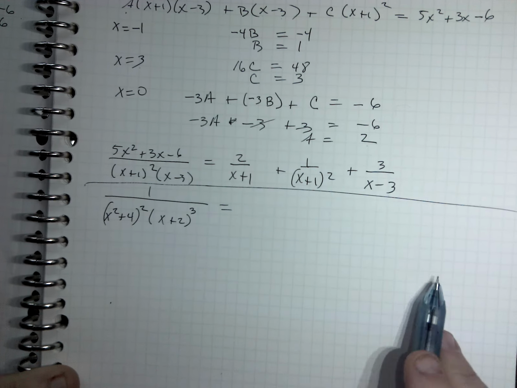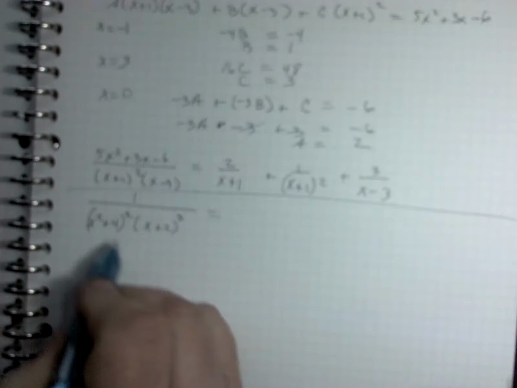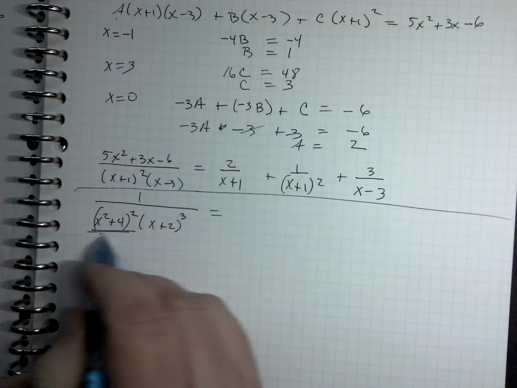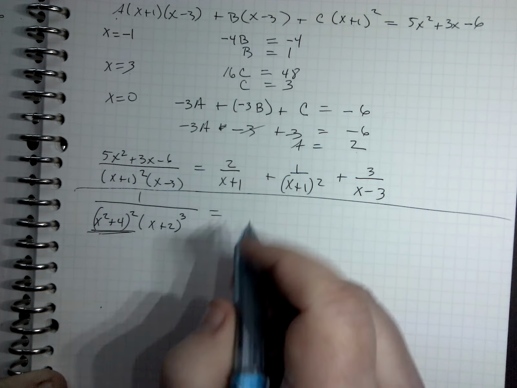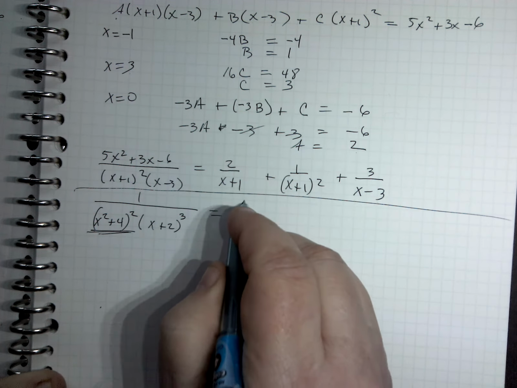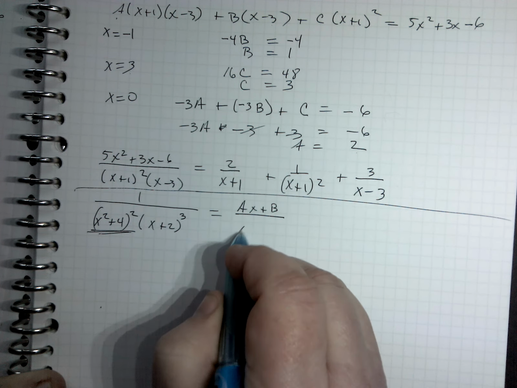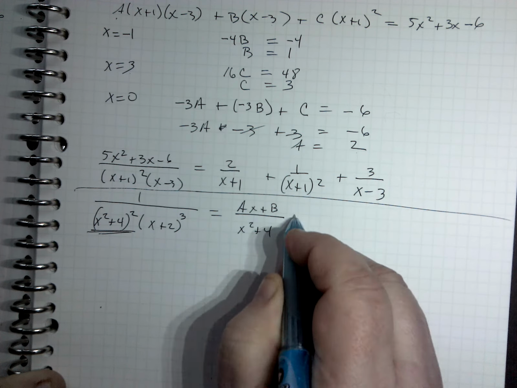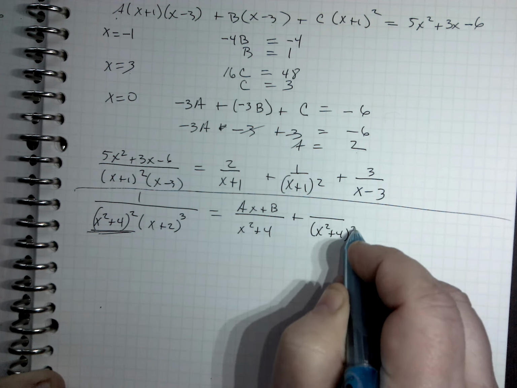If I were to set this up to break it up into smaller fractions, first I'm going to deal with this one. It's a quadratic, and there's 2 of them. Since it's a quadratic, I need linear on top, so I will have Ax plus B over x squared plus 4. Now I need to deal with the (x squared plus 4) squared.